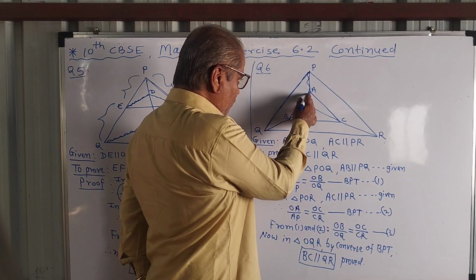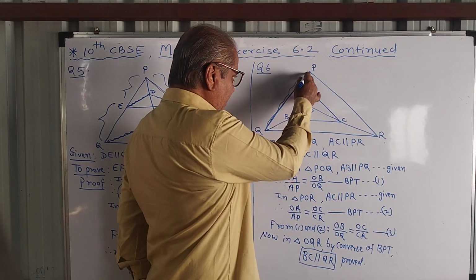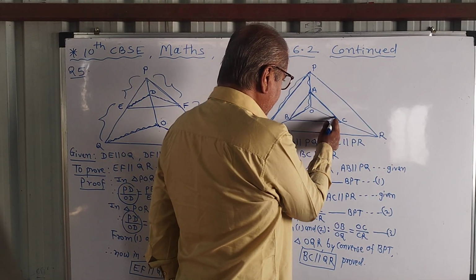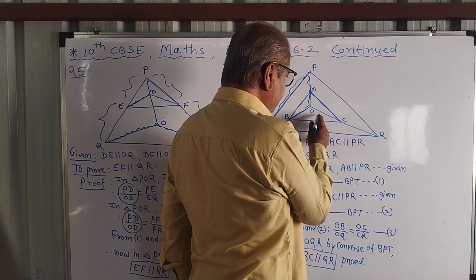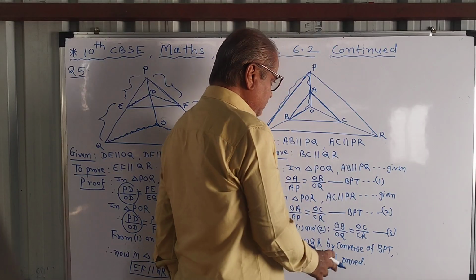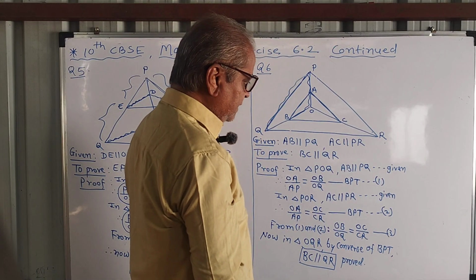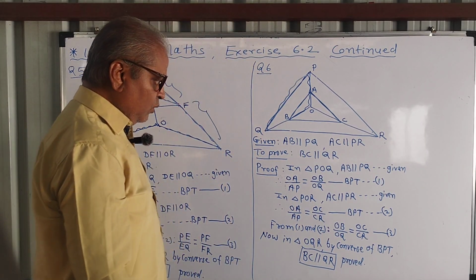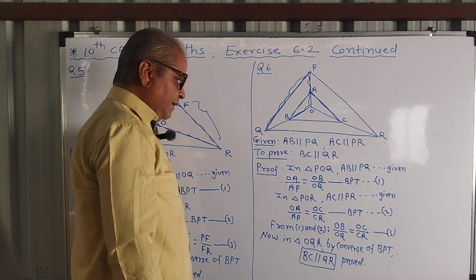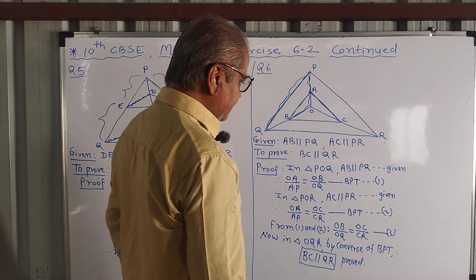That means I need to consider this triangle POQ. And AC is parallel to PR. In this case, I need to consider triangle POR. Use BPT, get 2 statements, and let us see how to use the converse of BPT with the third statement. So let us start step by step.